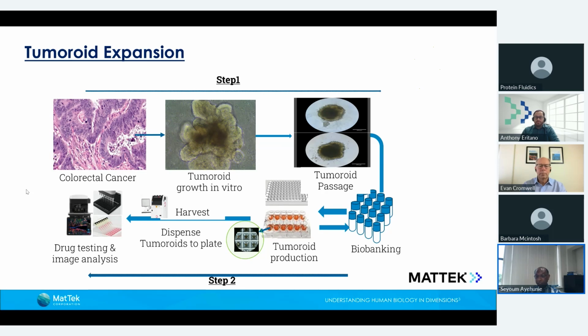But the next challenge that we are facing now is, we generate these numerous tumoroids, and how do we put them onto 96-well plates, 384-well plates for high throughput drug screening? That is the challenge that we are facing, and that's where these new technologies are going to help us, like spheroONE or Pu.Ma.